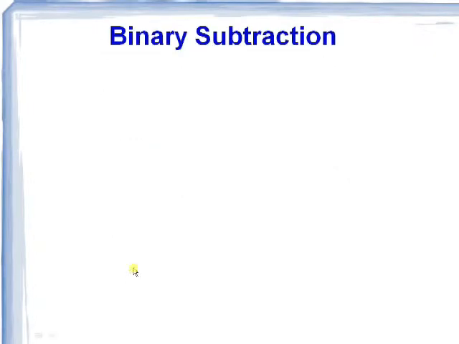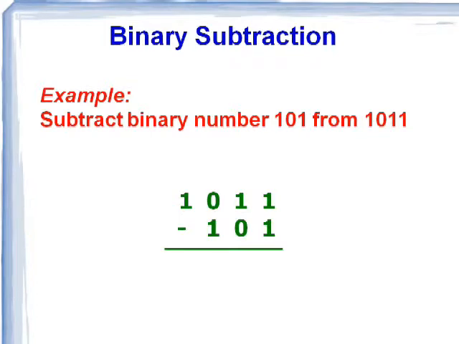Now let us see binary subtraction. As we have seen adders, which are combinational circuits, in the same way we'll see one more circuit which performs subtraction. But before that, let us see how to perform binary subtraction. Now I want to perform binary subtraction between these two operands. 1 minus 1 is 0, and 1 minus 0 is 1.